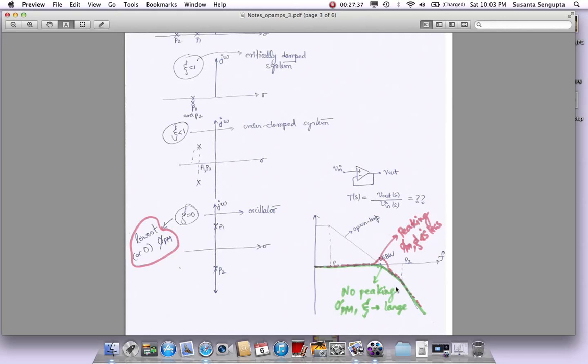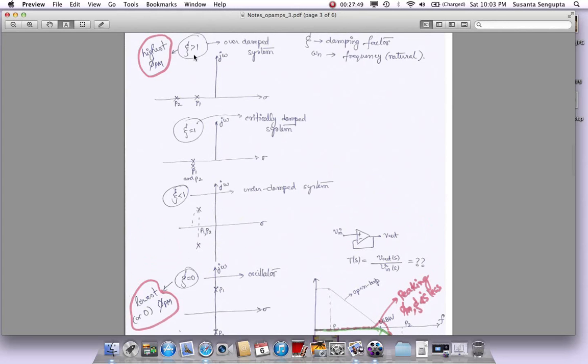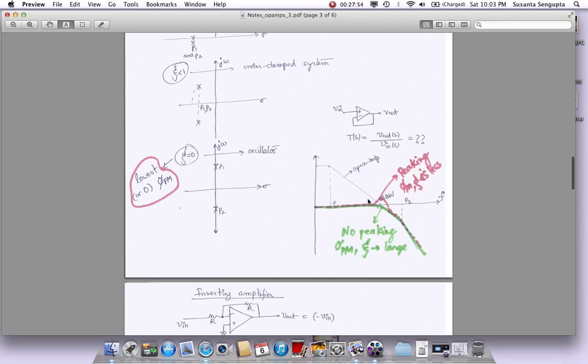So if I look at input to output, and I had very good phase margin, which also corresponds to the case where zeta is bigger than 1, then I would get a really nice response which says the gain is 0 dB, and then it will go almost up to the unity gain bandwidth, and then it will start rolling down and catch up with the open loop characteristics of the op-amp.